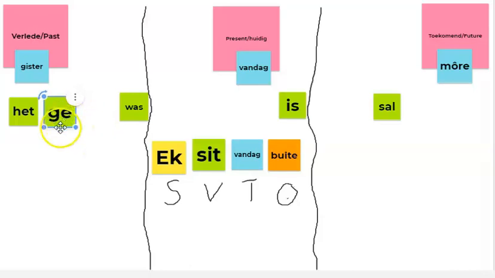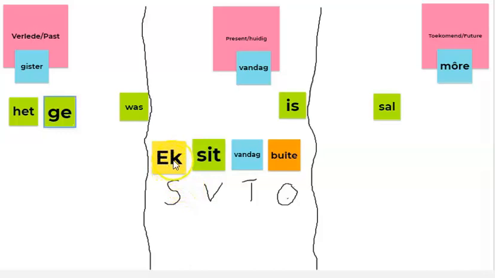I want you to especially focus on ge, because going forward into time is easier, but going backwards is like, all right. When this sentence goes through time, it has to force the verb right back into time. And when that happens, ge comes into play, and ge is quite a funny one. So let me show you what happens.